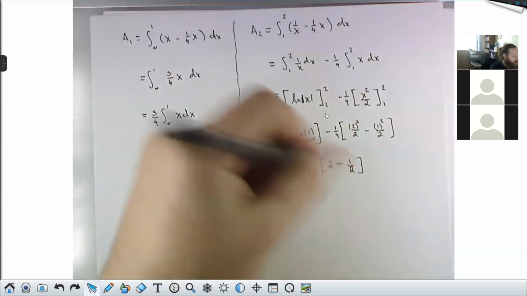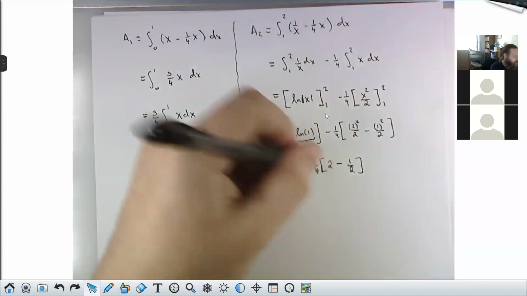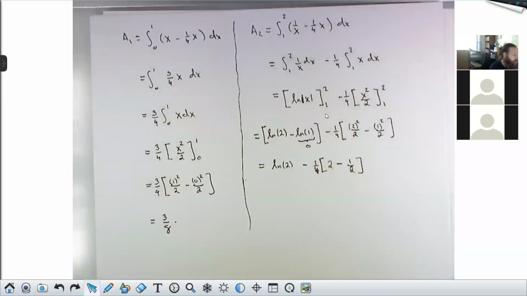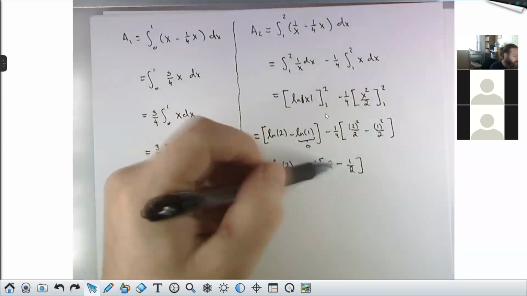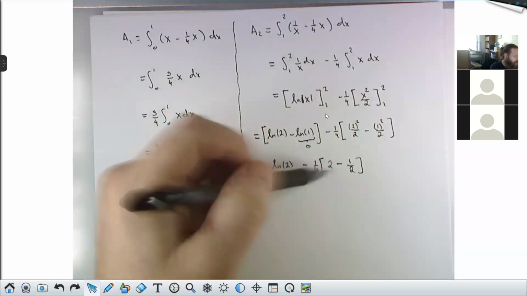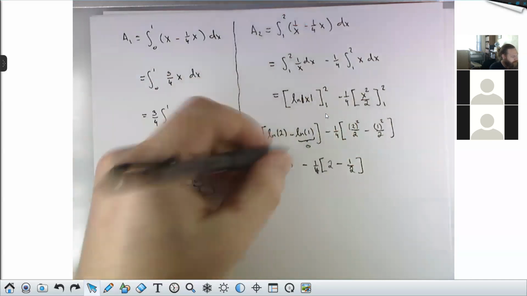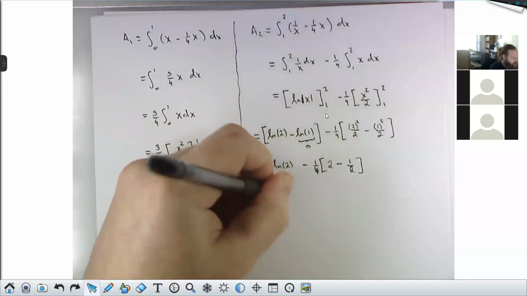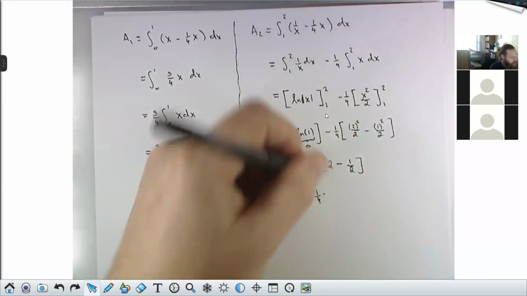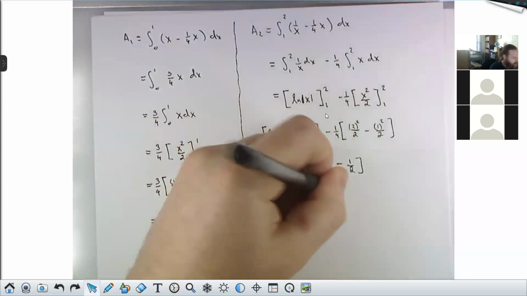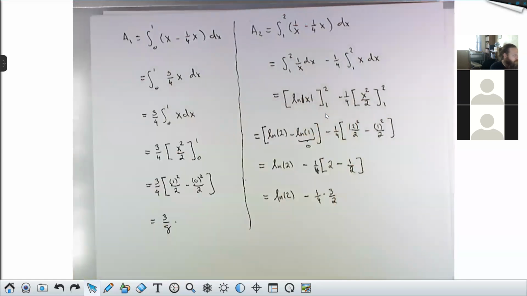And then you could distribute the 1/4, or you could combine the terms inside before multiplying by 1/4. Either one is fine. Let's do the latter. If I want to write this as a ratio over 2, it's 4 over 2. 4 over 2 minus 1 over 2 is 3 over 2. So this is the natural log of 2 minus 1/4 times 3/2, which is ln2 minus 3/8.